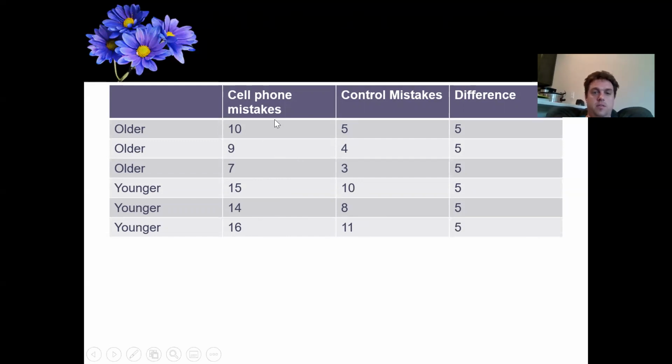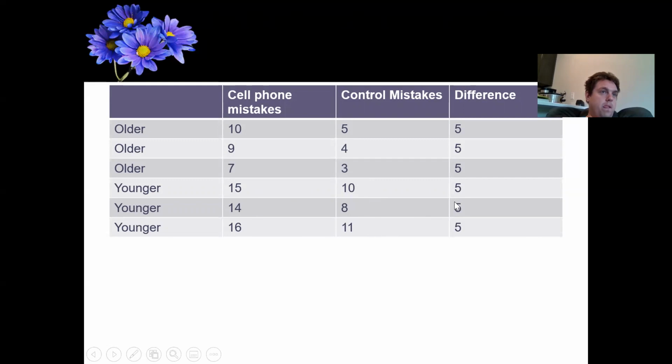So let's say the older adults make like 10, 9, 7 mistakes with a cell phone, but they only make 5, 4, and 3 without a cell phone. And we get a difference of 5. Maybe the younger adults make 15, 14, and 16 with a cell phone, but 10, 8, and 11 without a cell phone. Well, the difference is still 5 there.